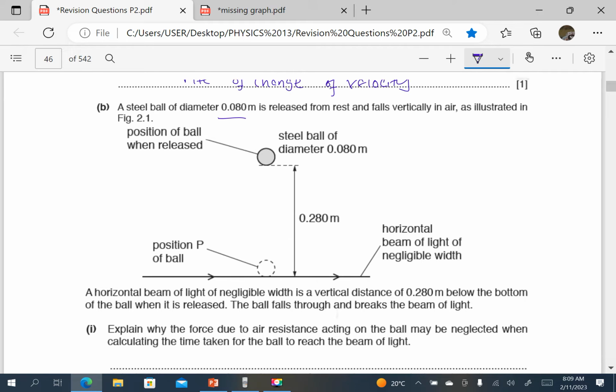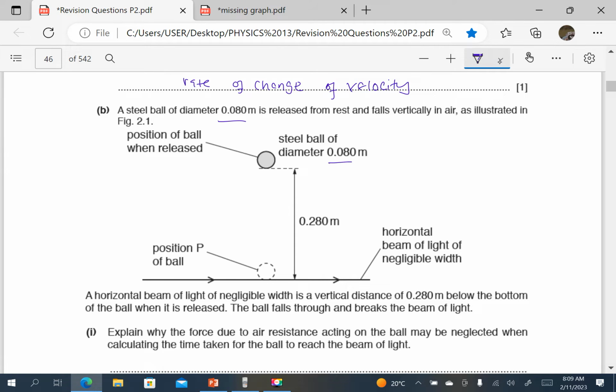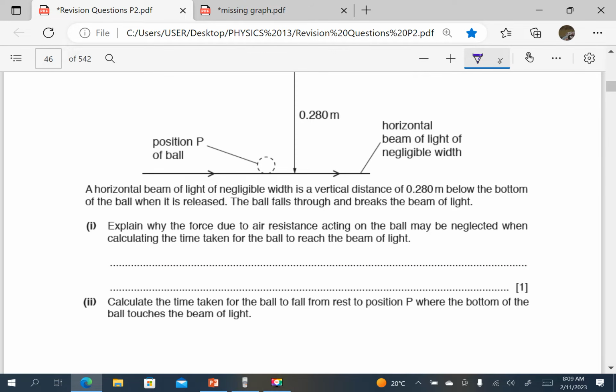So let's look at it. The diameter of the ball is very small. It is a steel ball, but of a small diameter. That means the air resistance is going to be very small. Therefore, we can say the weight of the ball is much greater than the force due to air resistance.